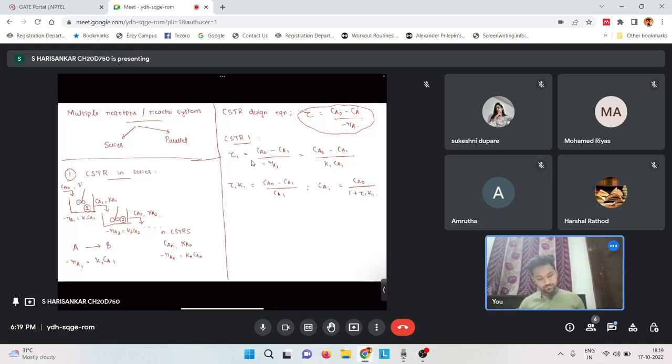We take this Ca1 outside from the right hand side, and we'll have the Ca0 term in the bracket, and we just take it to this side. So we'll have an equation Ca1, which is equal to Ca0 by 1 plus tau 1 K1. Is this fine?